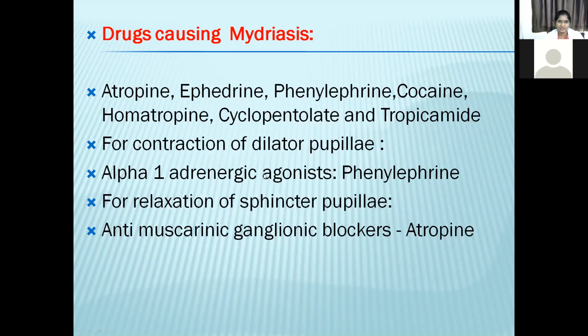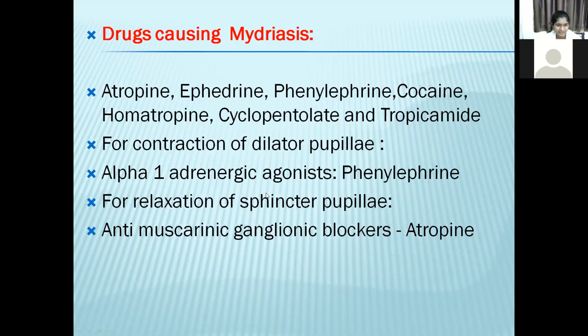There are two ways to produce mydriasis. One way is the contraction of the dilator pupillae or radial muscles, by acting on alpha-1 receptors.